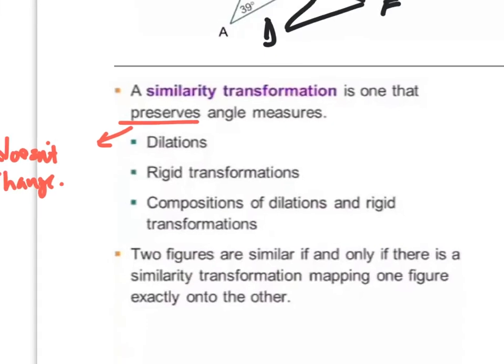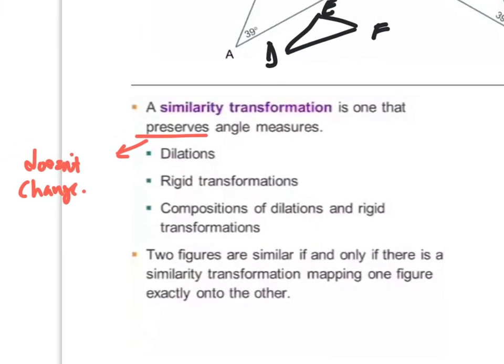And things that do that are dilations, rigid transformations like what we did in Unit 2, and a composition of dilations and rigid transformations, okay? So two figures are similar if and only if there is a similarity transformation mapping one figure exactly onto the other, okay?